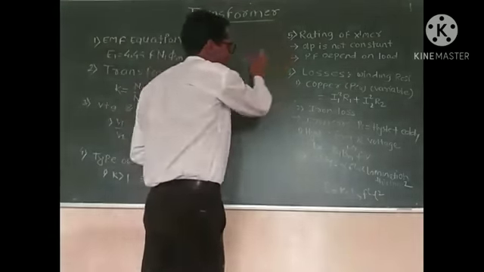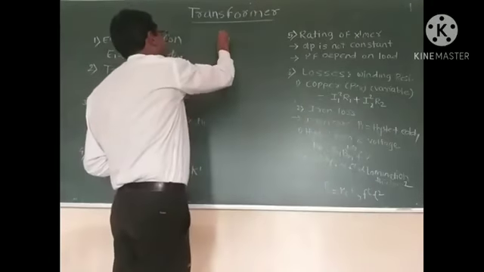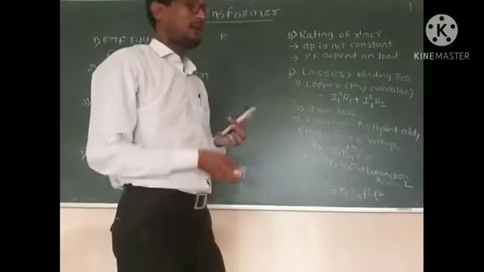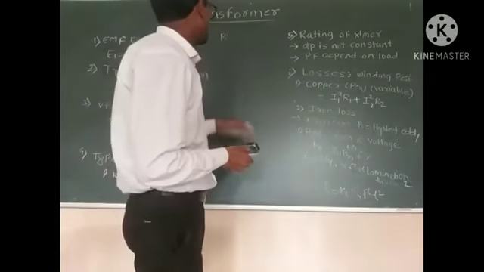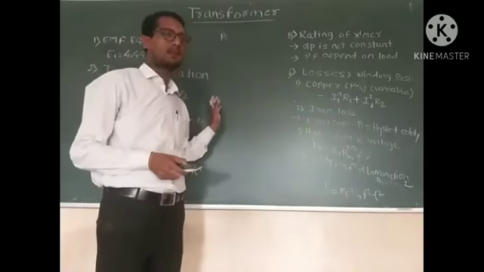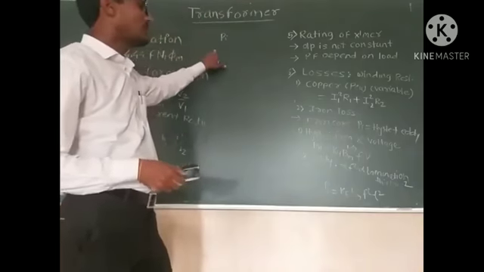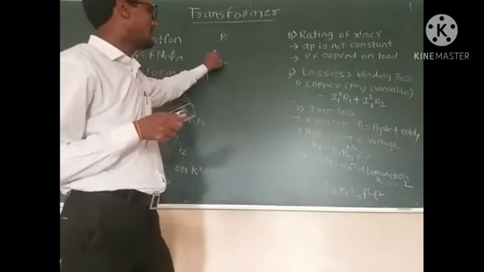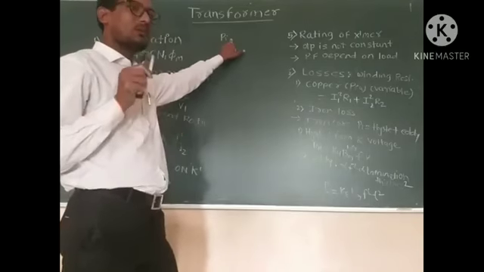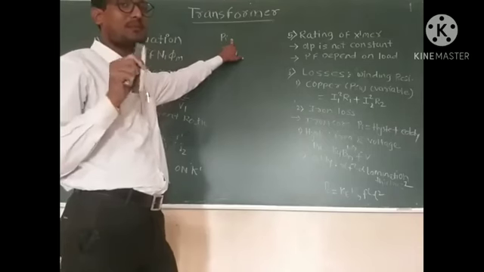Then second, iron loss, denoted by PI. This iron loss totally depends upon the magnetic iron core of the transformer. We cannot change the iron core of a transformer every time.